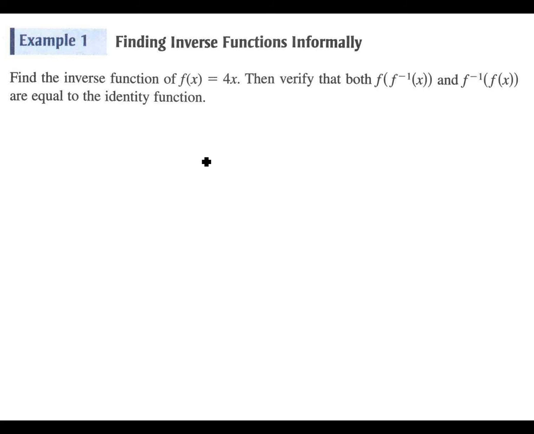All right, so let's see if we can do this. So an inverse function, to switch the x's and the y's around, basically we're canceling out what we're doing to the x. All right, so if we want to find the inverse, one way we could do it is what's called informally. And informally isn't doing any specific algebraic or geometric steps to it.